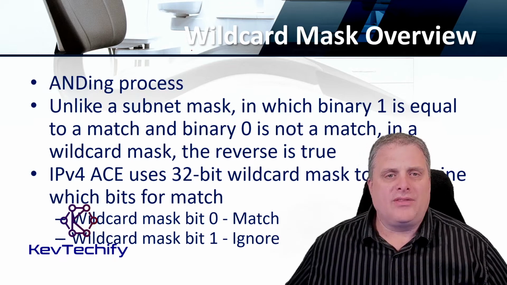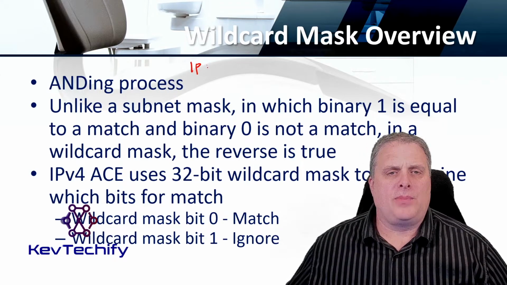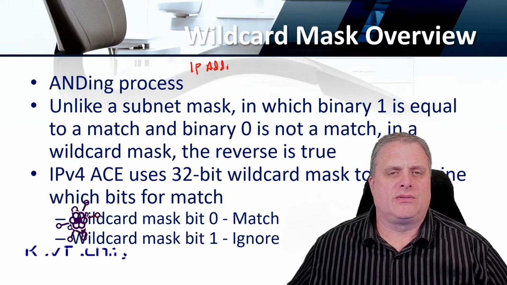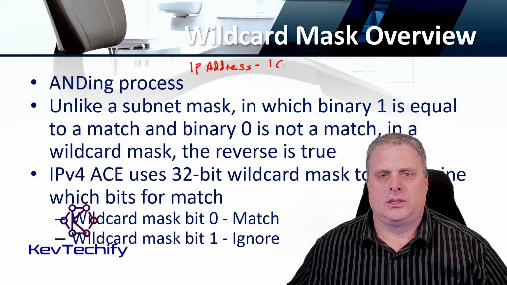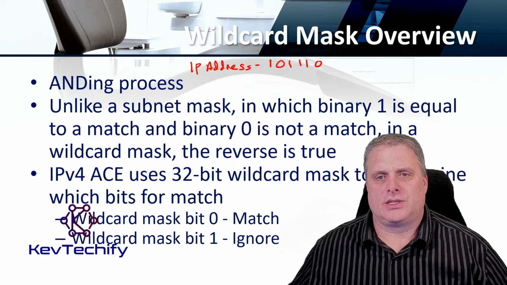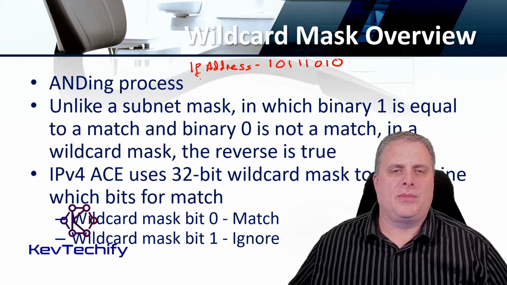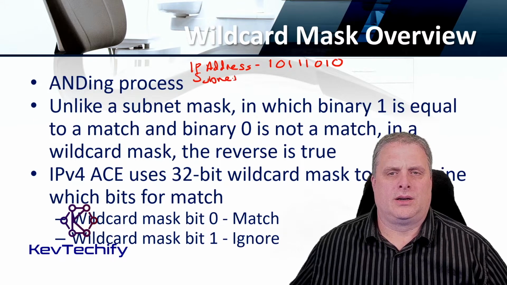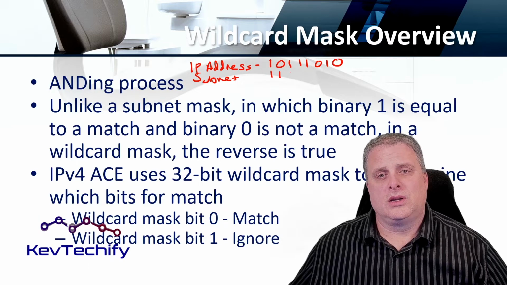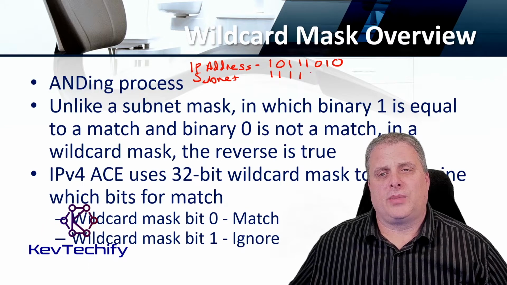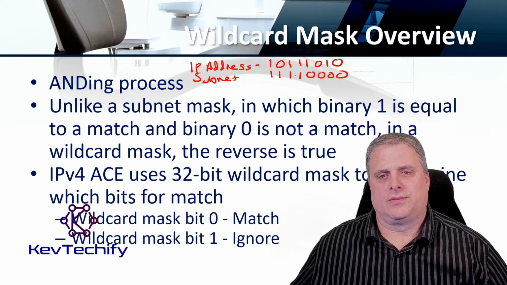I'm going to write an IP address here. I'm just going to put down 8 bits for the IP address: 1, 2, 3, 4, 5, 6, 7, 8. Then I'm going to write down a subnet mask in binary. And this subnet mask, once again, is all ones followed by all zeros.